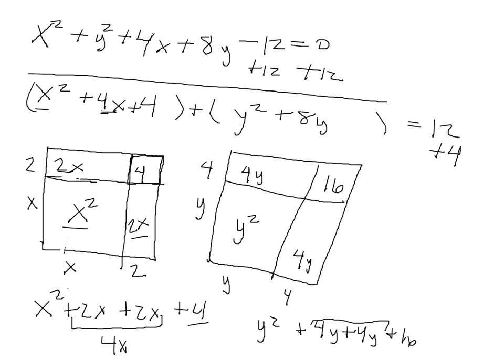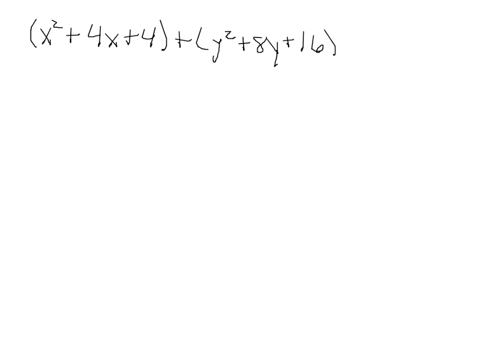The 4y twice gives me 8y, so I have y squared and 8y already, but I don't have this 16. So I add in the 16, and if I add it to the left, I have to add it to the right. So now what I have is x squared plus 4x plus 4 plus y squared plus 8y plus 16 equals 22.